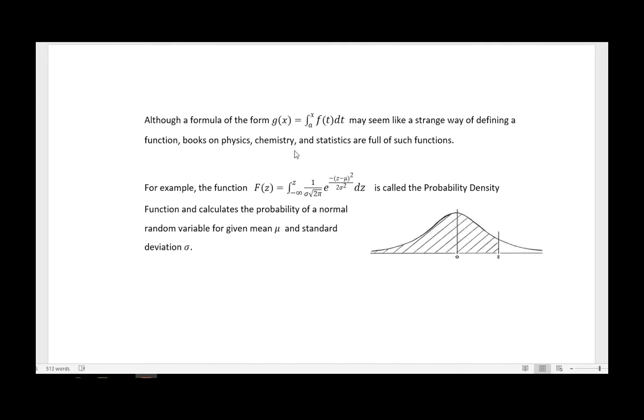So if you've ever had statistics, then you've seen the normal curve. You use tables of numerical values that represent areas under the normal curve. So here's an example of an integral defined function. So the integral from negative infinity to z, where z is my variable of integration.